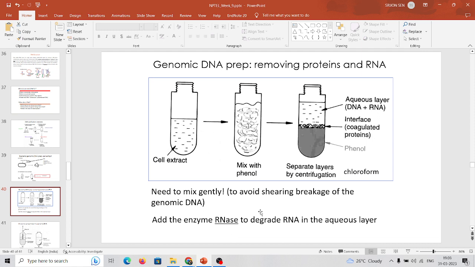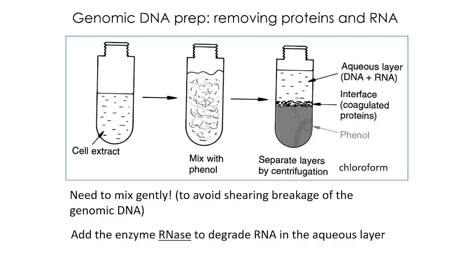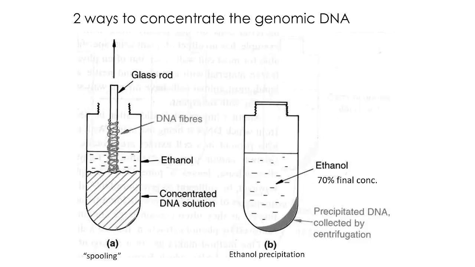Your bottom can have cell debris. You need to filter that out. And then you separate, and from the aqueous layer, you add RNase to degrade the RNA. After that, you filter it out, and then you get the pure form of your DNA.